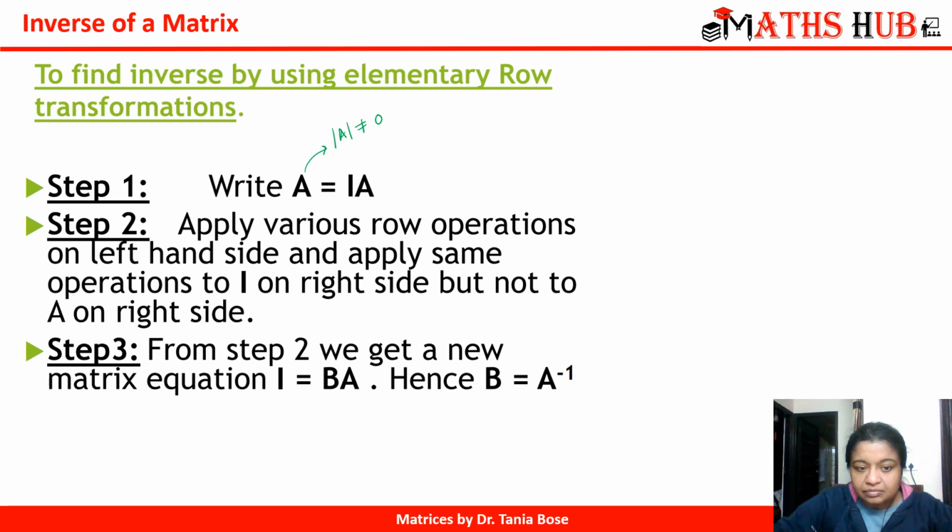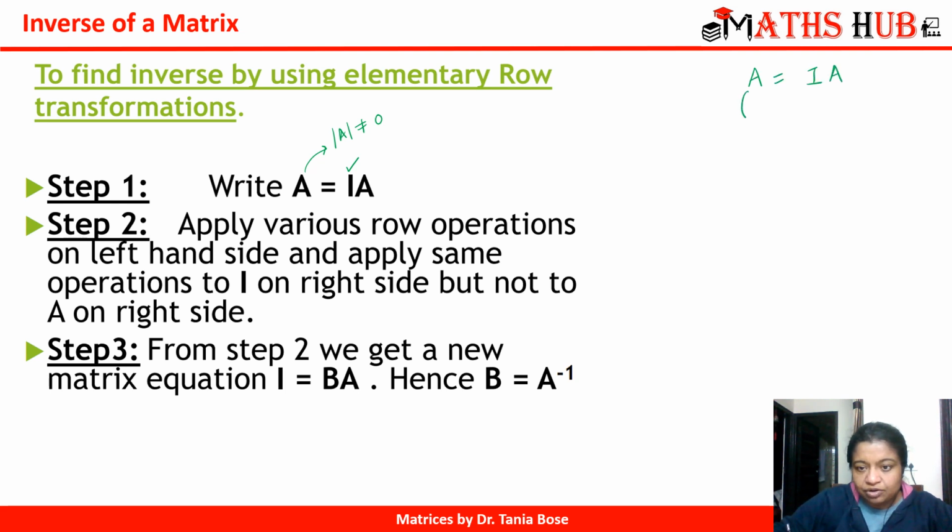Now, we will start applying the row transformations on the left hand side of this equation, that is on this matrix. And whatever operation we apply on the left hand side, we will apply the same operation on the identity matrix, right? We won't write anything on this A. So we start with A is equal to IA.